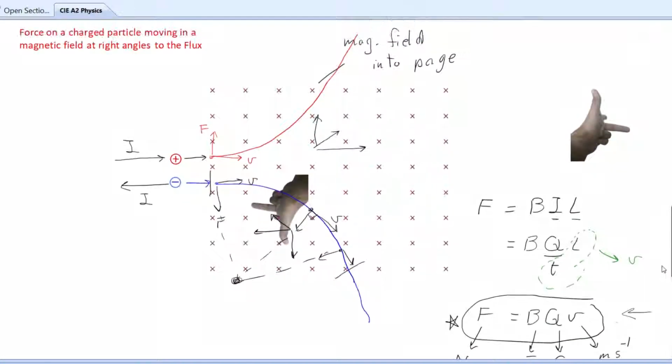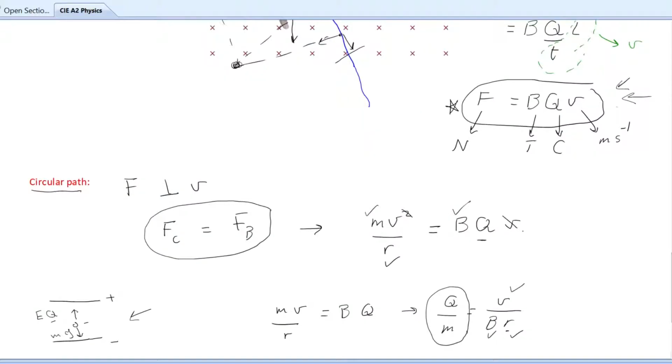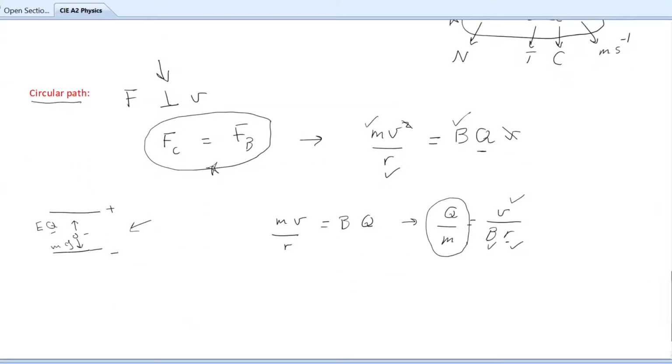A moving particle will also experience a force which is equal to BQV, and it moves in a circular path since the force is always perpendicular to the direction of the velocity, and you can solve any question about that using the equation between the centripetal force and the magnetic force, which leads us to the specific charge here, which is Q over M, charge over mass.